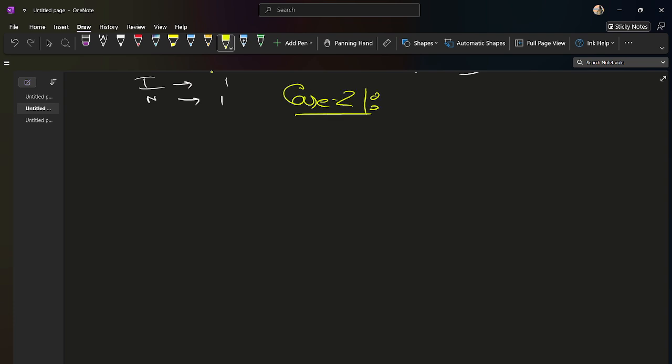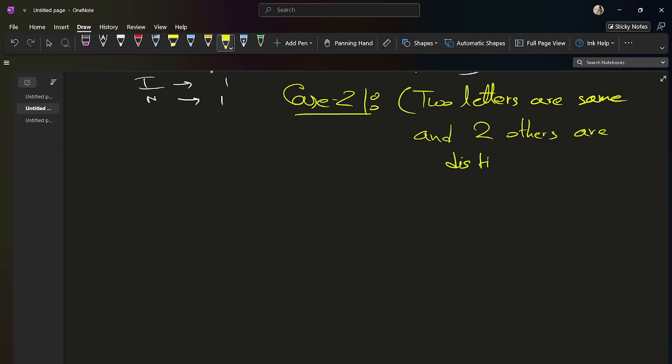Case 2, and that is telling us for 2 letters are same, and 2 others are distinct.